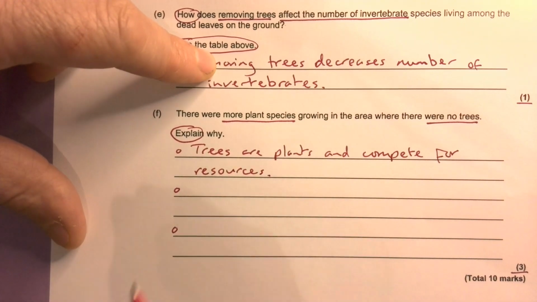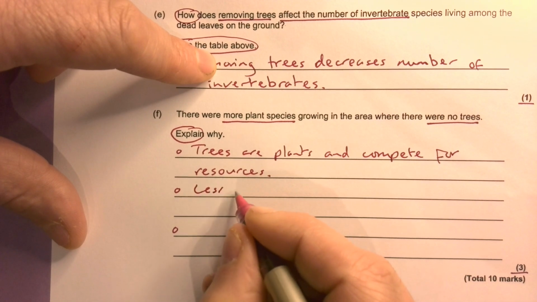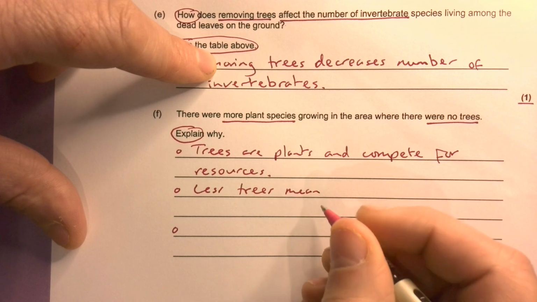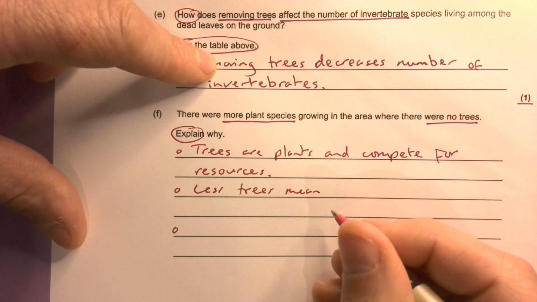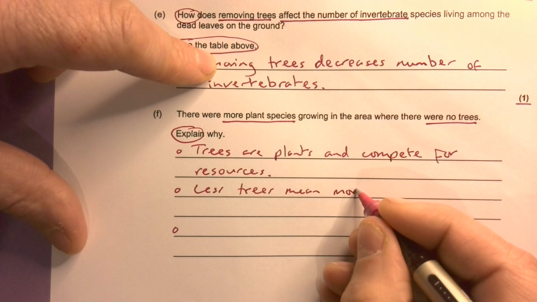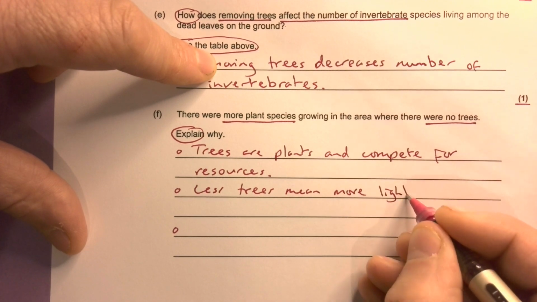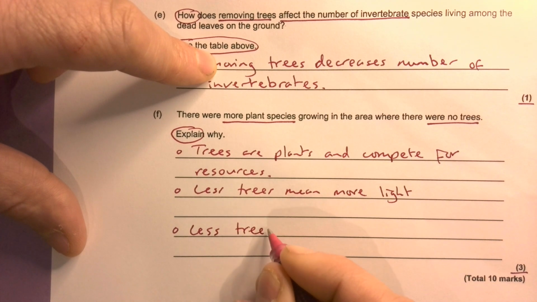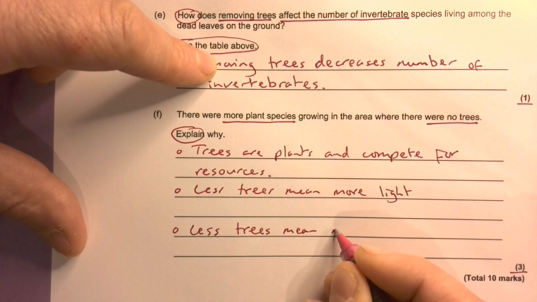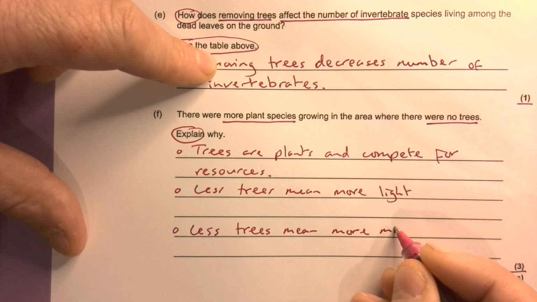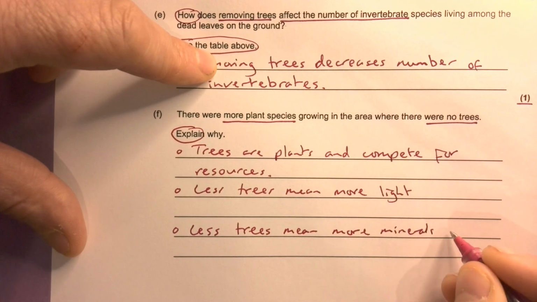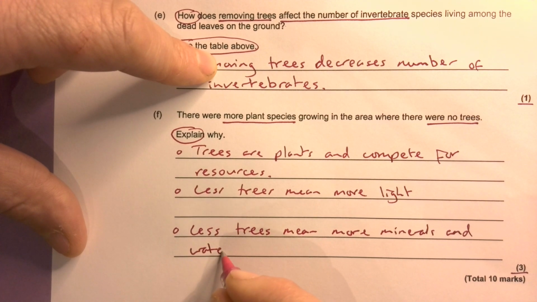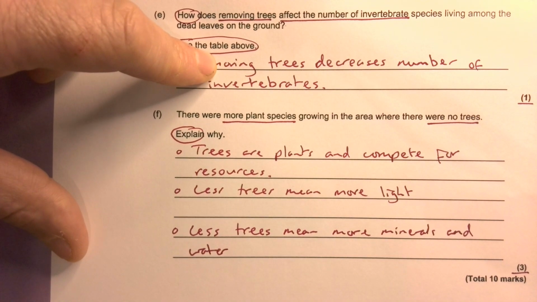So what that means is fewer trees mean more light. Fewer trees mean more minerals and water as well.